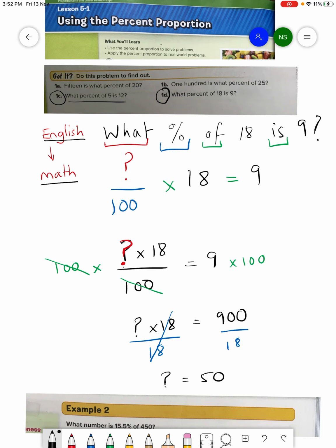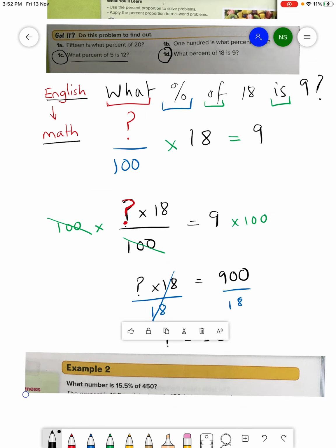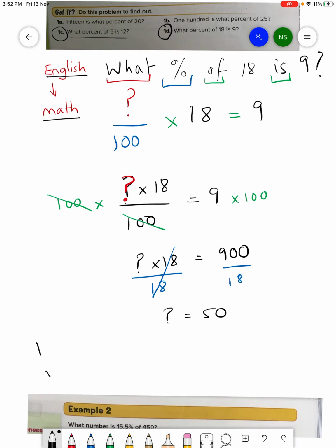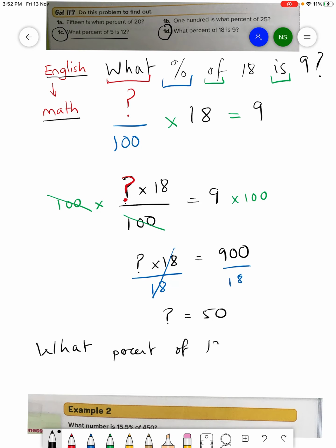What does that mean? What does the 50 mean? Well, if we go back to the sentence, what percent of 18 is 9? I can now write 50% of 18 is 9. So I've just answered that question.